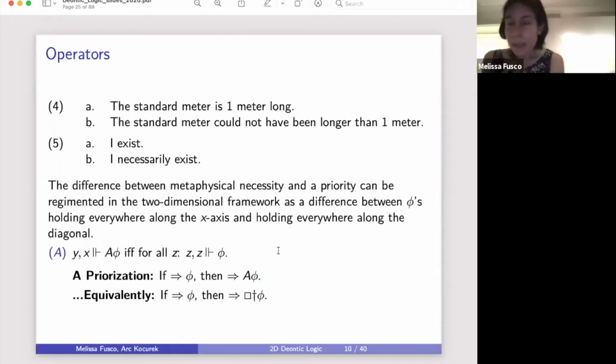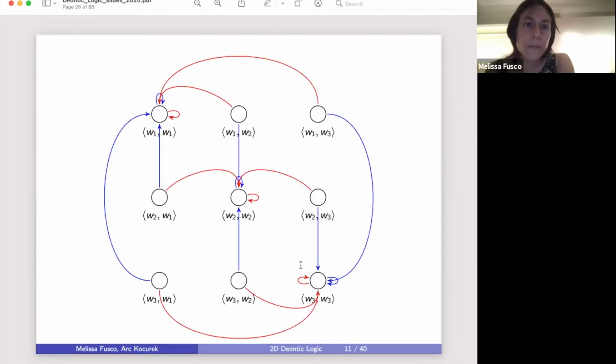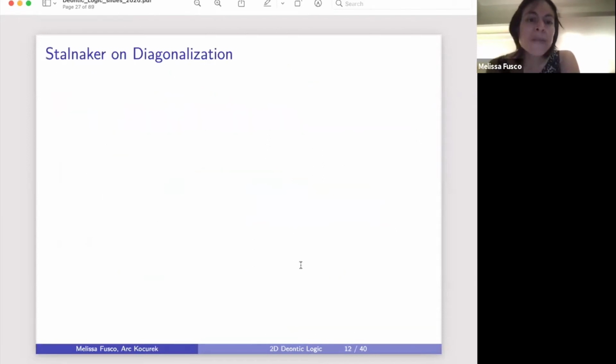And we can express that in the basic 2D language because we can write a priori as box dagger. So it would be the same as saying, if I can conclude phi from nothing, then box dagger phi. There's the picture again.